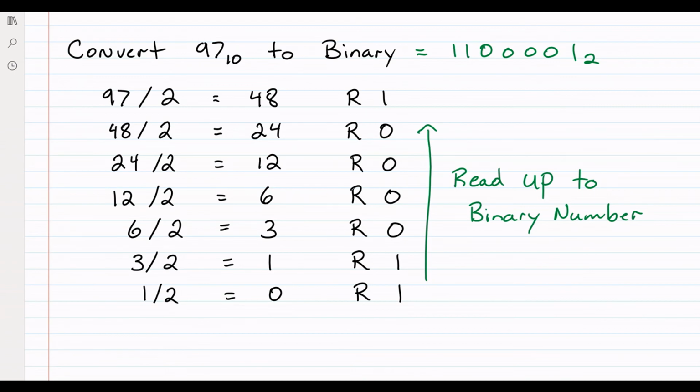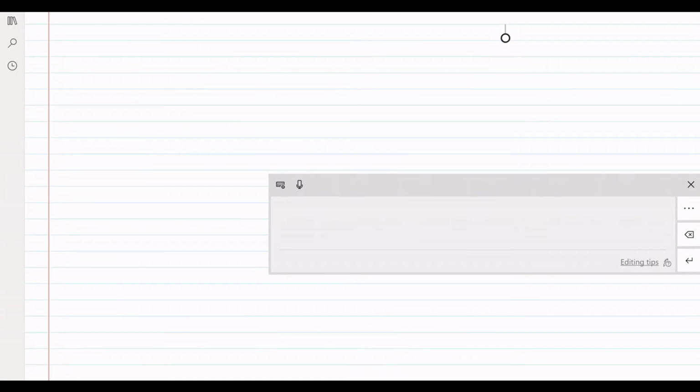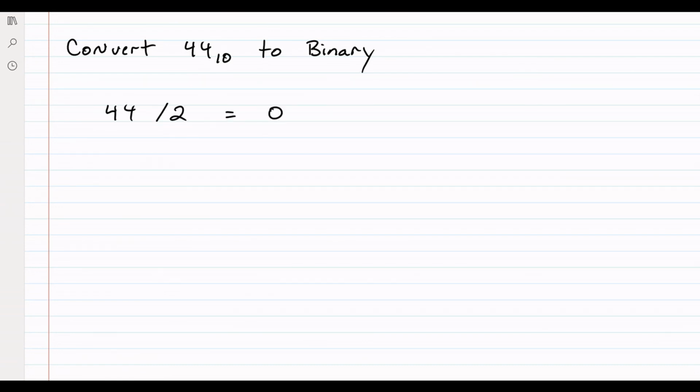Okay. And if you wanted to see another example of that, then let's maybe try 44 to binary. Okay, so 44 divided by 2 is 0.